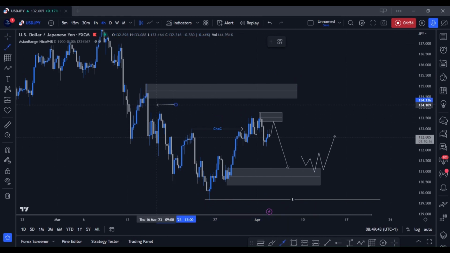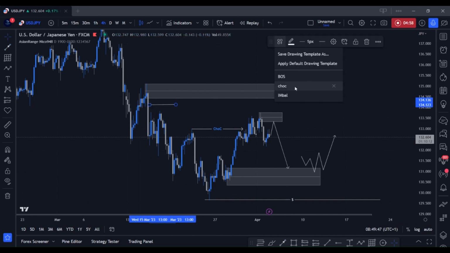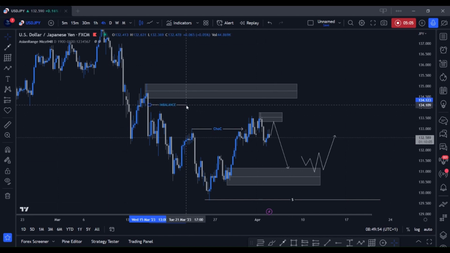So it's very, very important to mark out these things as a trader, to identify and look at the bigger picture before you start minimizing to smaller time frames for an area to enter a trade. As you can see, this is an imbalance here on the 4 hour.